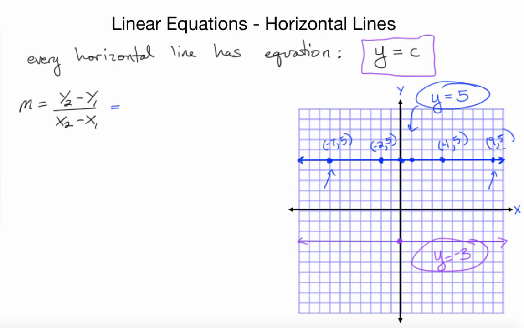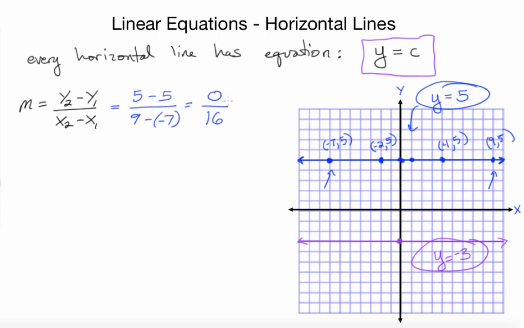In our equation, if I subtract the y values, 5 minus 5, divided by 9 minus -7, we're subtracting the change in x. Let's see what's happening here. 5 minus 5 is 0, and 9 minus -7 turns into 9 plus 7, which is 16. So how do I interpret this? 0 over 16.